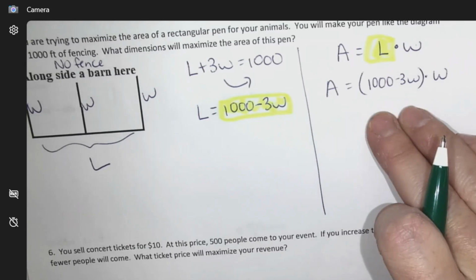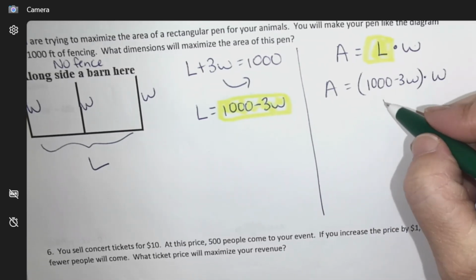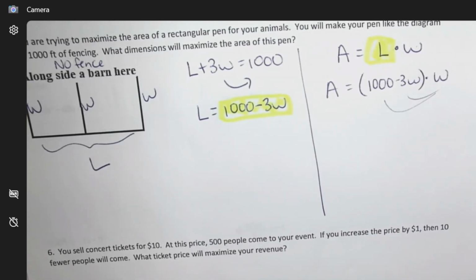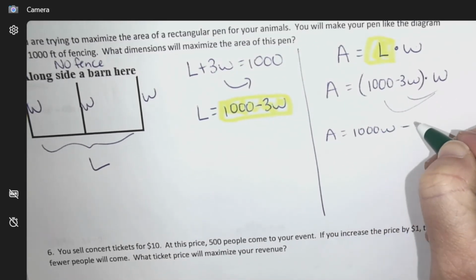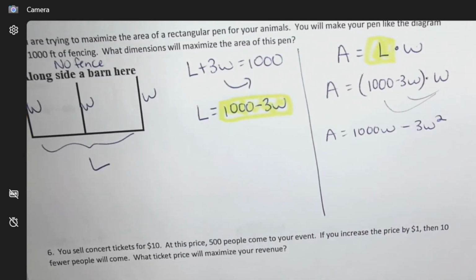It's in brackets, so I'm going to have to distribute. And that's my quadratic.